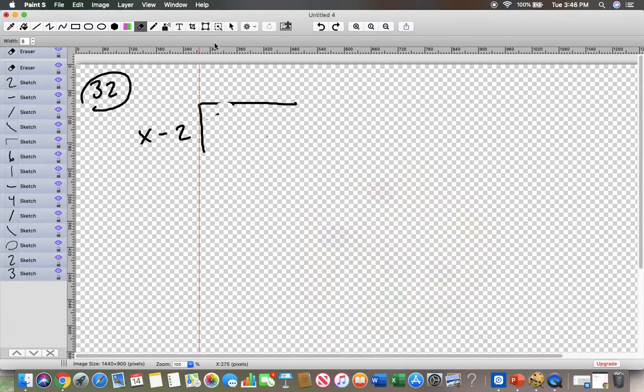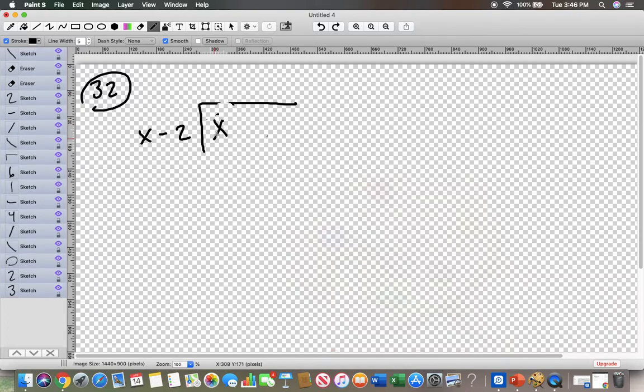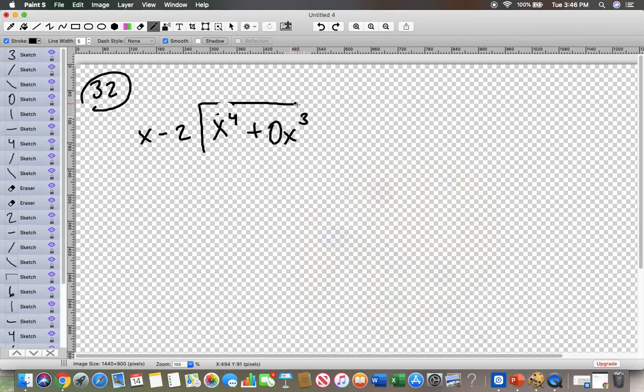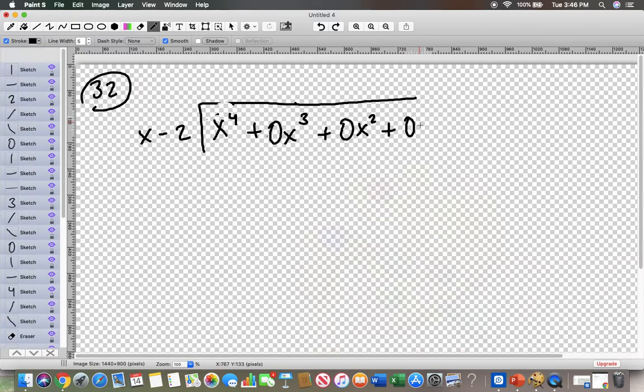So how do I do that? Well, I've got an x to the fourth. I need descending order. So x to the fourth plus 0x cubed plus 0x squared plus 0x. Again, these are just zero values, but I have to put them into my problem in order to solve it. And then lastly, I had minus 16. So here we go. Here's how you need to rewrite it.